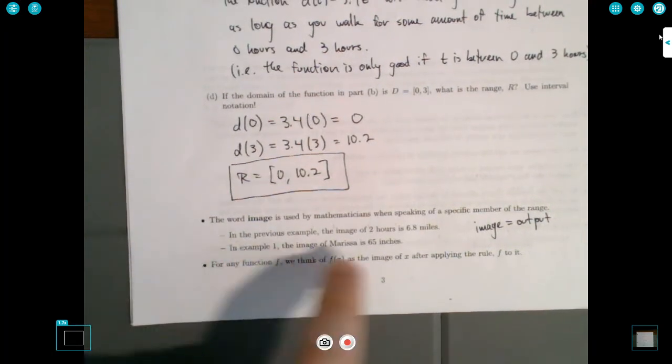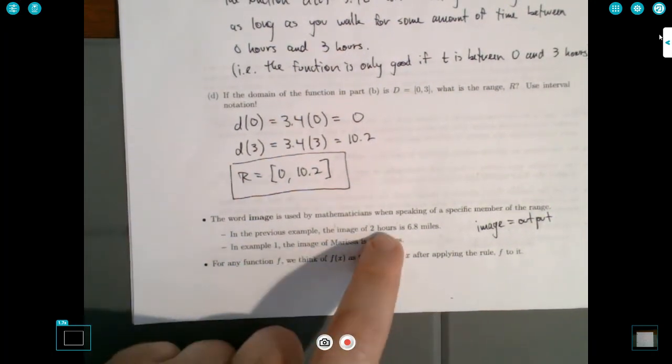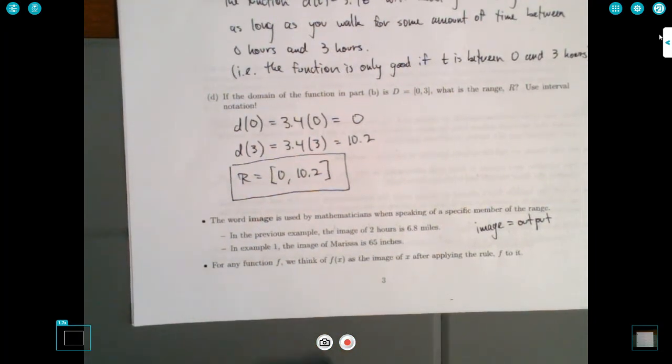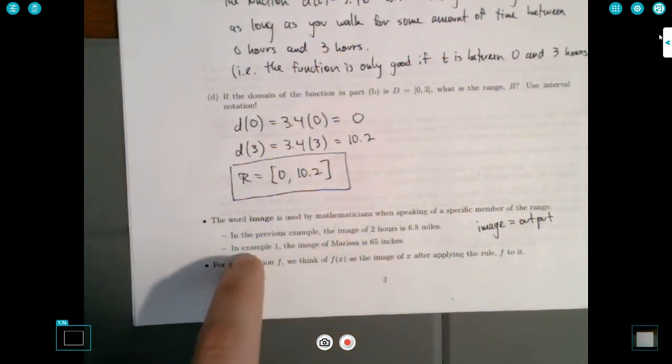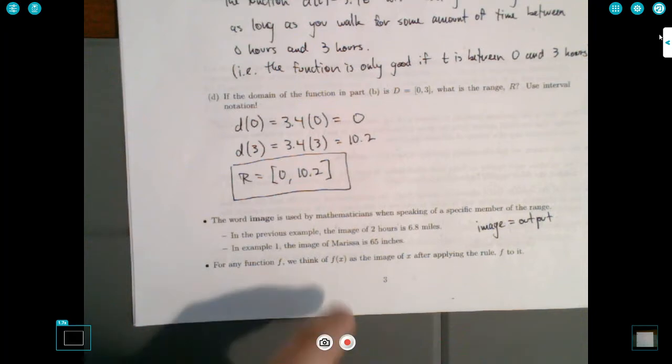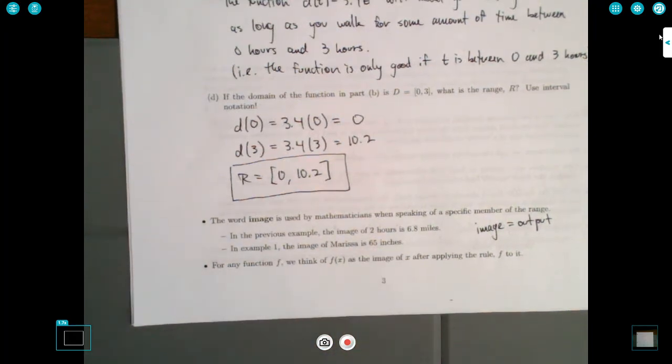So the image of 2 hours: if the input's 2 hours, then its output, its image, is 6.8 miles. If the input is Marissa, like in example 1, then the image is the output, 65 inches. So that's what we mean by image.